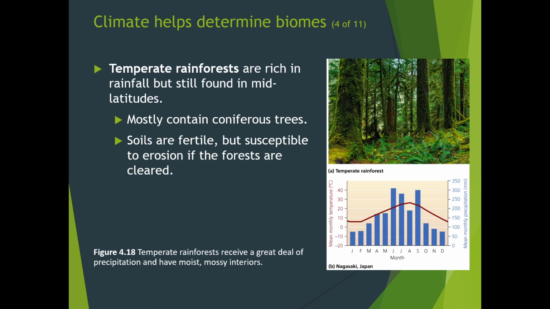We have the temperate rainforests, which have rich rainfall but are still found in mid latitudes. There are a lot of conifer trees, and we can see how we're affecting those with the forest fires. This is the Pacific Northwest here, where E.T. came down. If you've ever seen the movie E.T., he hung out here, but this was recently one of the fires.